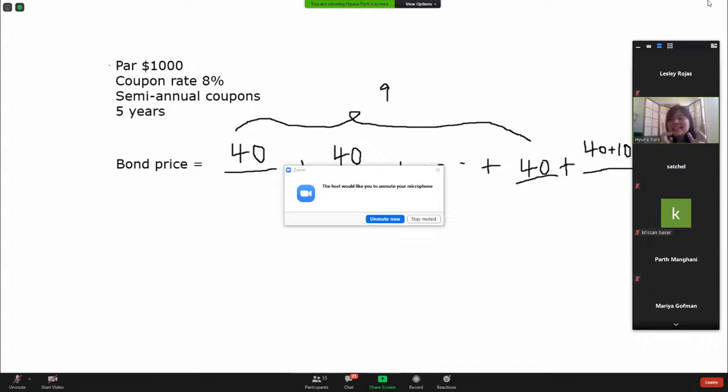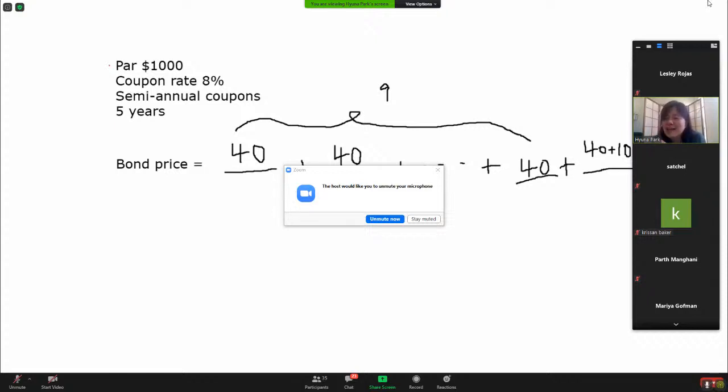So yield to maturity. To calculate the present value of this future payment, we need the right discount rate, and that information is missing. What's the name of the discount rate applied to bond valuation?